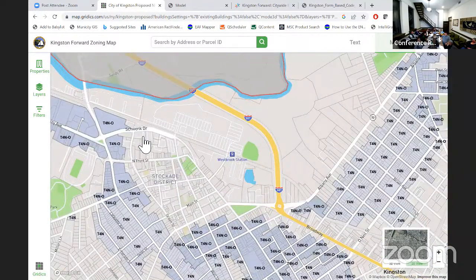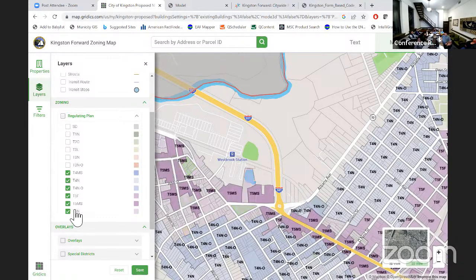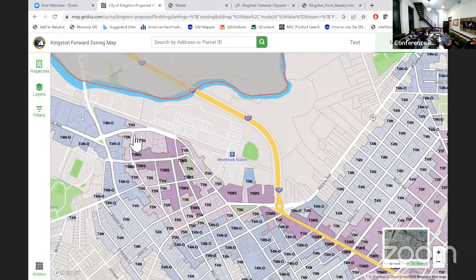Well, what are those sections in? I believe they are in T5. Yeah, so that would all complement each other. T5 ends right on Schwank.